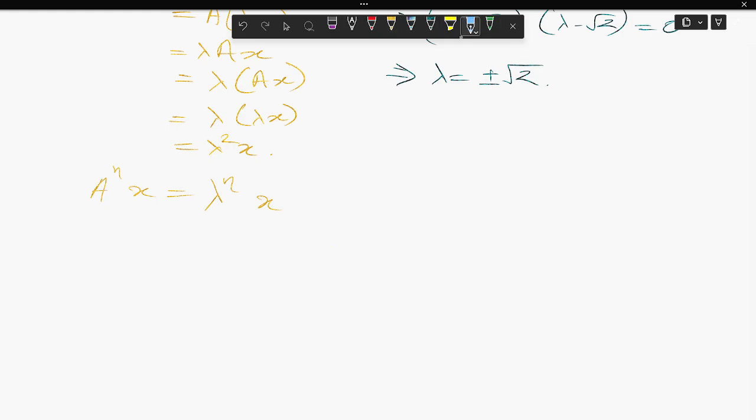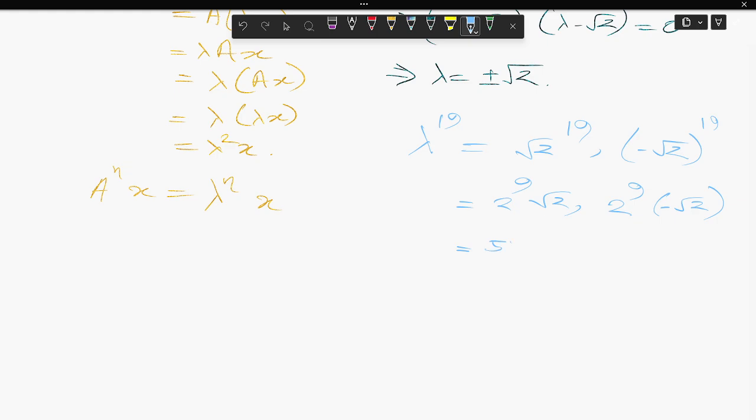So the eigenvalues of A to the power 19 will be lambda to the power 19, so that will be root 2 to the power 19 comma minus root 2 to the power 19. So that is 2 to the power 9 into root 2, and also 2 to the power 9 into minus root 2.